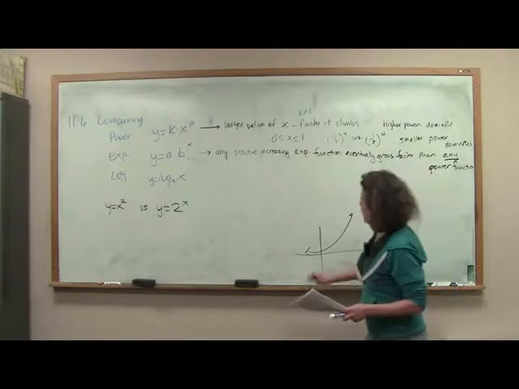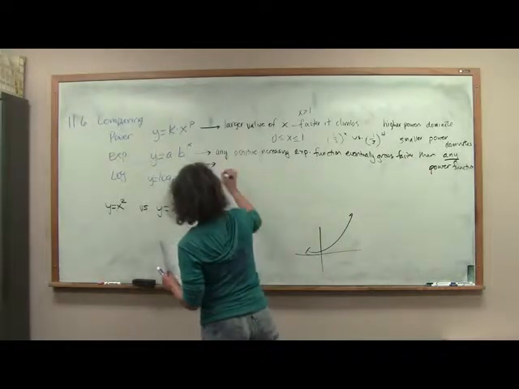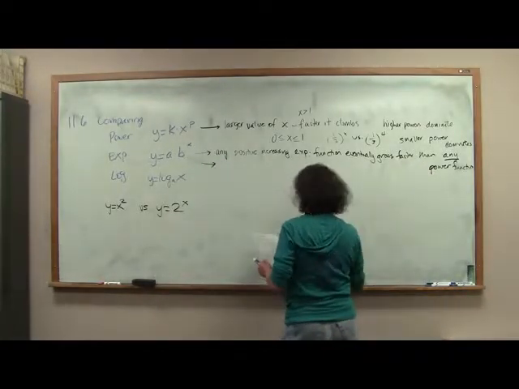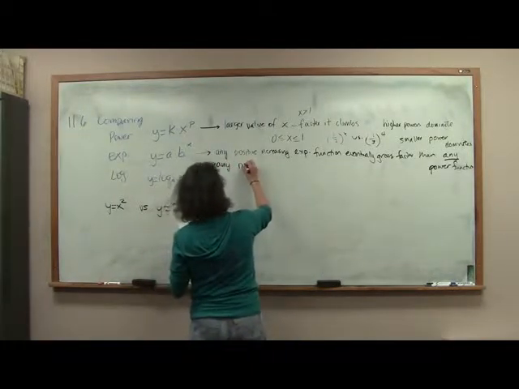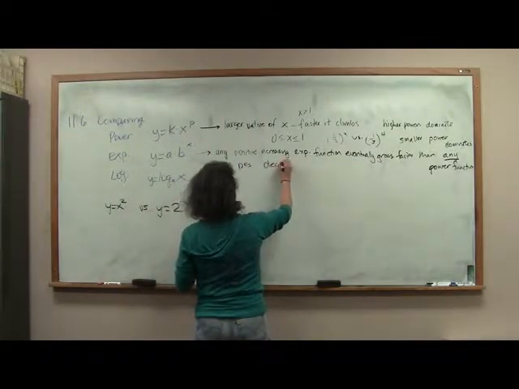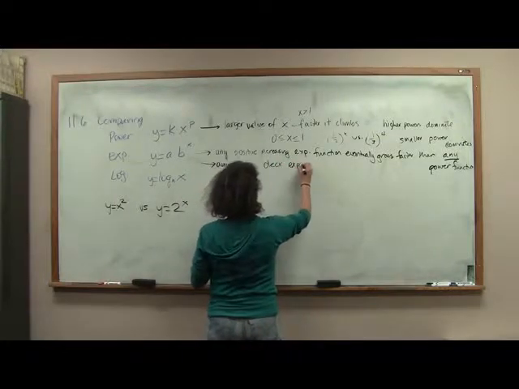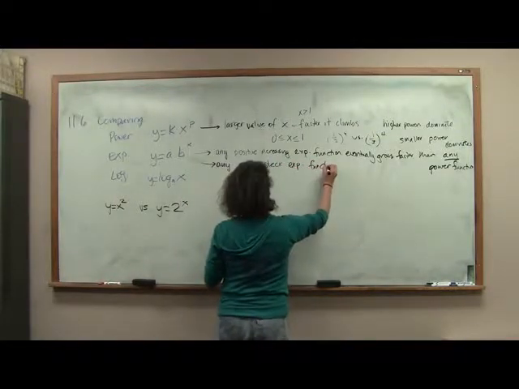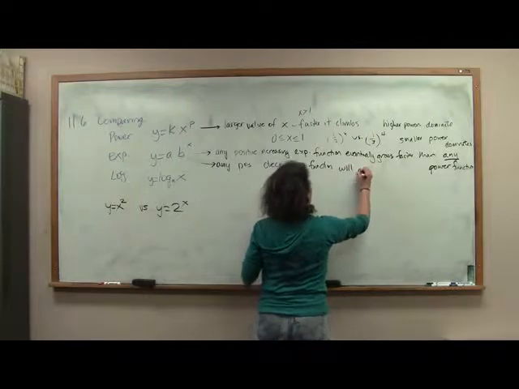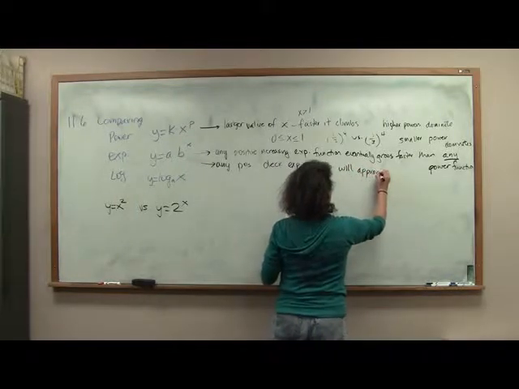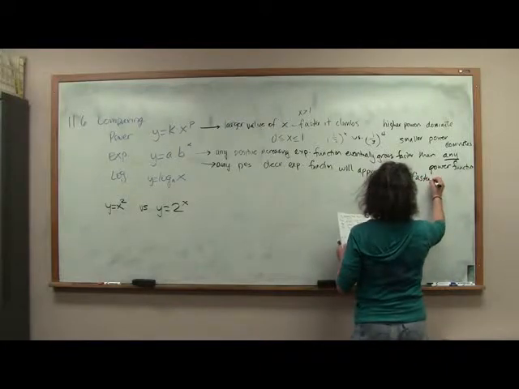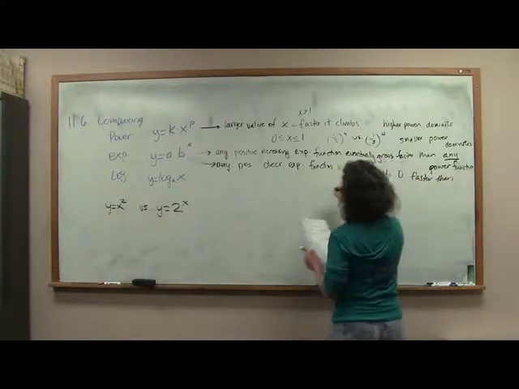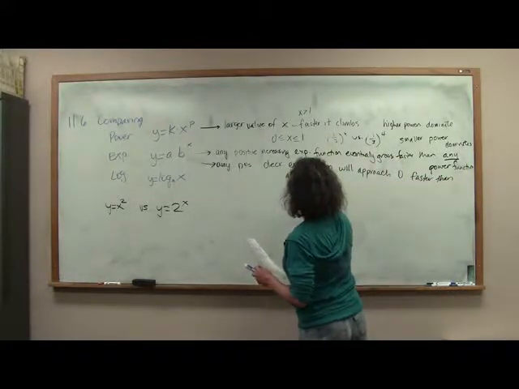Now, in the same sense, dealing with our exponential functions, any positive decreasing exponential function will approach 0 faster than any decreasing power function does.